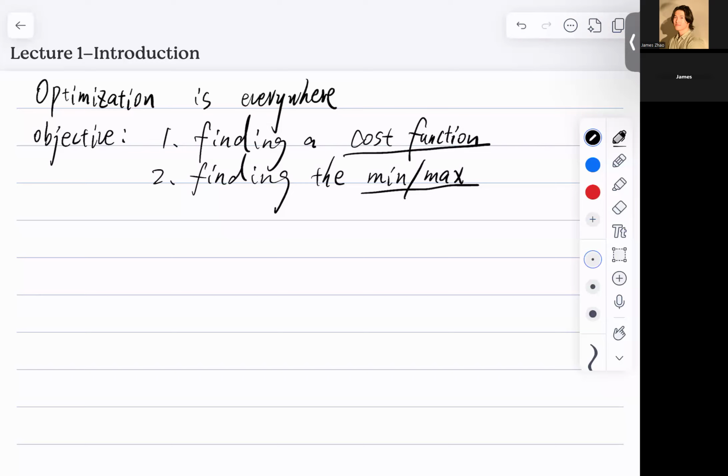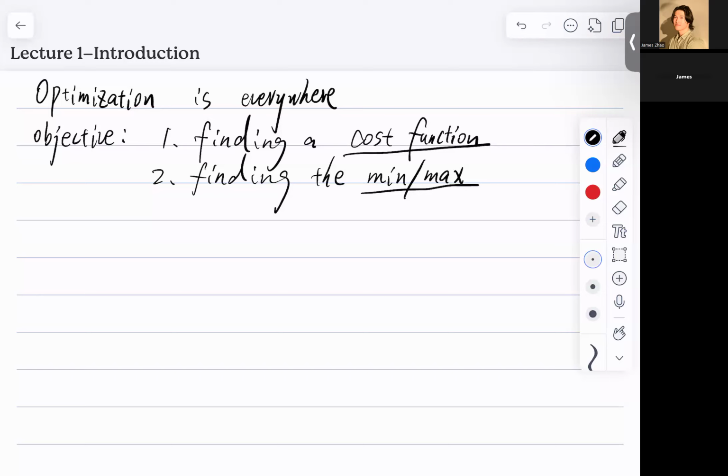Or at the same time, you can also maximize something. For example, you may want to maximize the amount of time that you spend indoors when you walk to your destination, because the weather is hot outside or something like that, right?